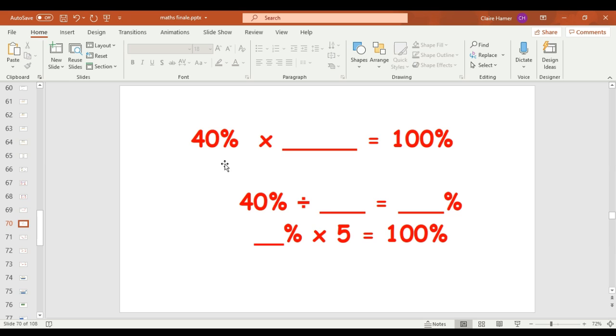So I've decided to do 40 divided by something, which equals a percentage, and then I multiplied that percentage by 5 to get back to the whole. So you're going to need to think about what do you times by 5 to get 100? Can you fill in the gaps? Pause the video and have a go.